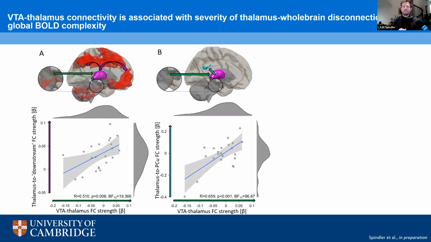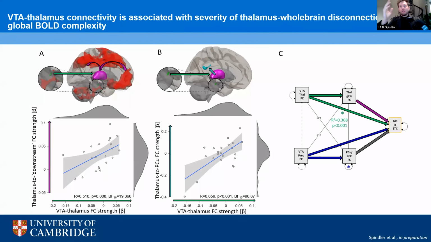But in order to have some proxy measure of thalamic outflow, we thought that maybe a large-scale complexity measure, such as effort to compress, might be good. And we ran some causal mediation analyses to figure out whether VTA-precuneus connectivity or VTA-thalamus connectivity might have something to do with how much there is actually going on in the brain as approximated using effort to compress.